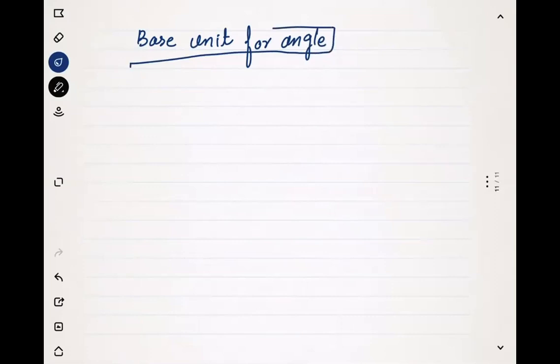Base unit for angle. As you see, area is equal to 1 over 2 r square theta.